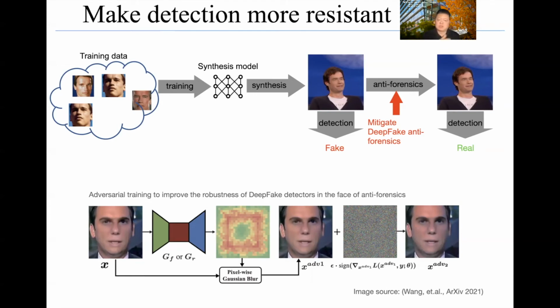However, this is far from sufficient, because this model will still be subject to the same kind of attack once its model details are leaked to the attacker. So we need to find some more fundamental solutions to this problem so that the detectors will not be so much influenced by adversarial perturbations.